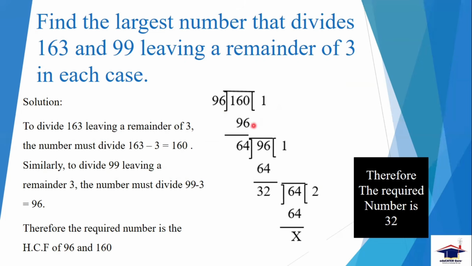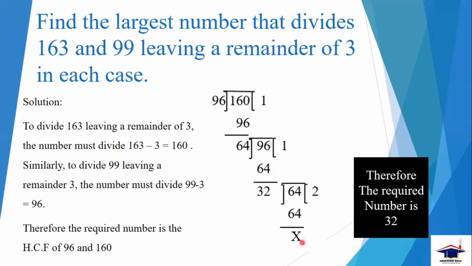96 ones are 96. The remainder is 64. Then this becomes the smallest number, 96 becomes the biggest number. So 64 ones are 64. The remainder becomes 32. So 32 becomes the smallest number and the previous divisor 64 is the biggest number. So 64 should be divided by 32. So 32 twos are 64.